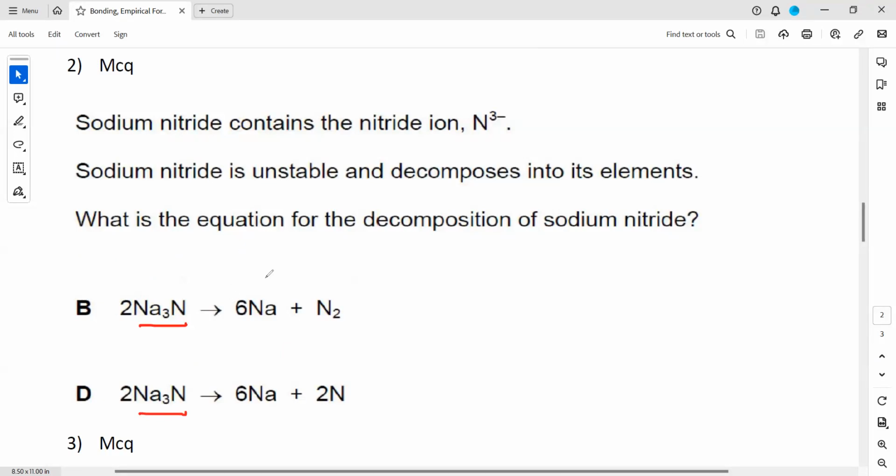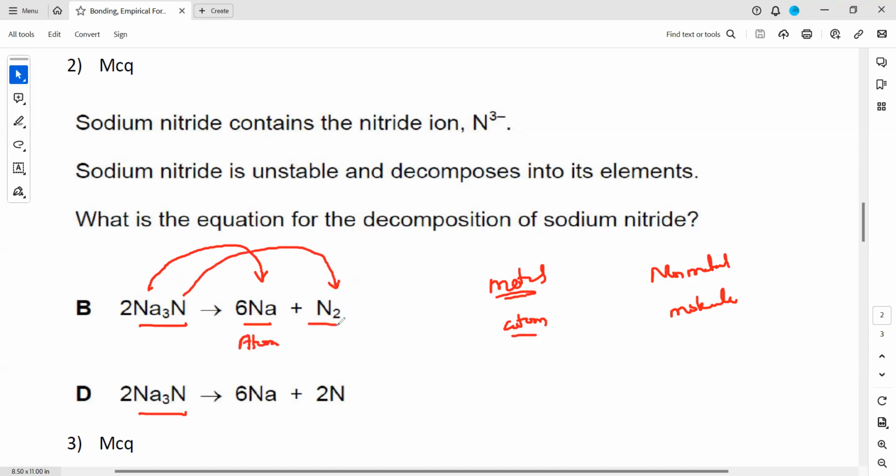for sodium nitride, how will the metal exist? If you have a metal, it will exist as an atom. And how will the non-metal exist? Except for group 8, the non-metal will exist as a diatomic molecule. So when they decompose into the elements, sodium forms an atom because sodium is a metal, and nitrogen forms a molecule.